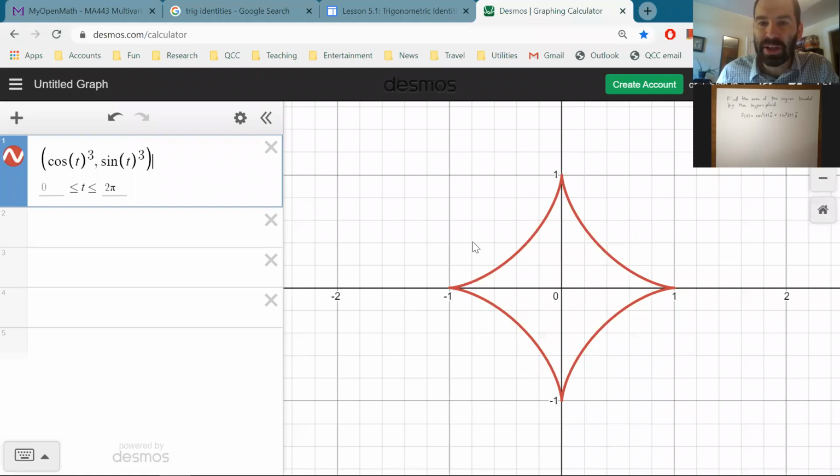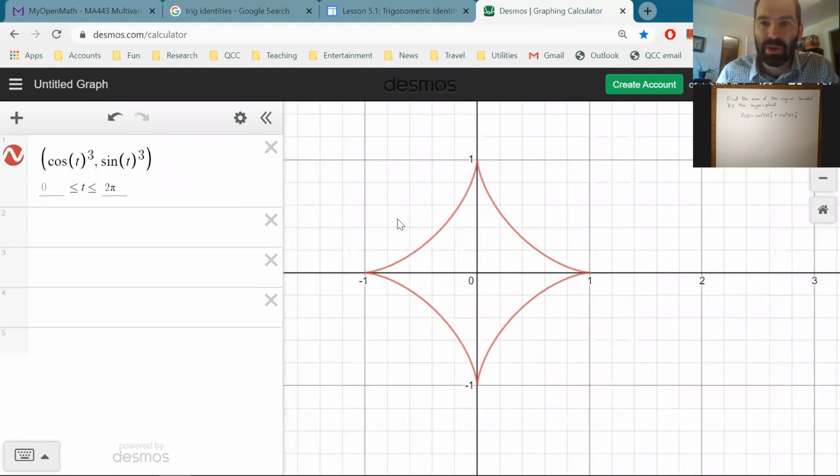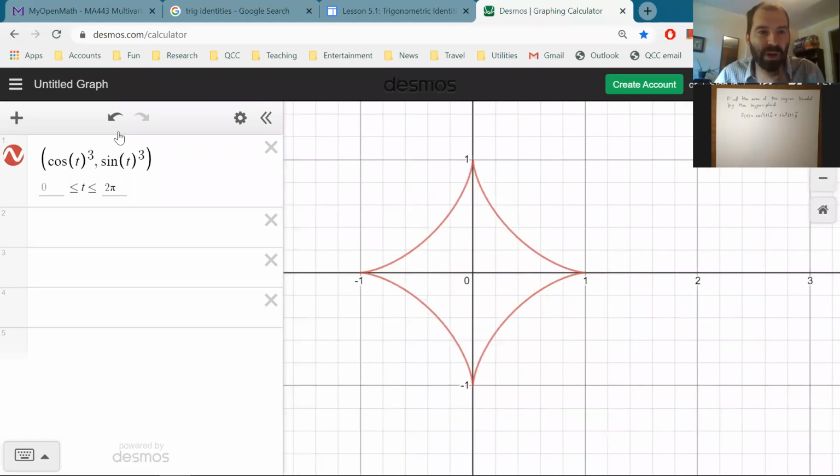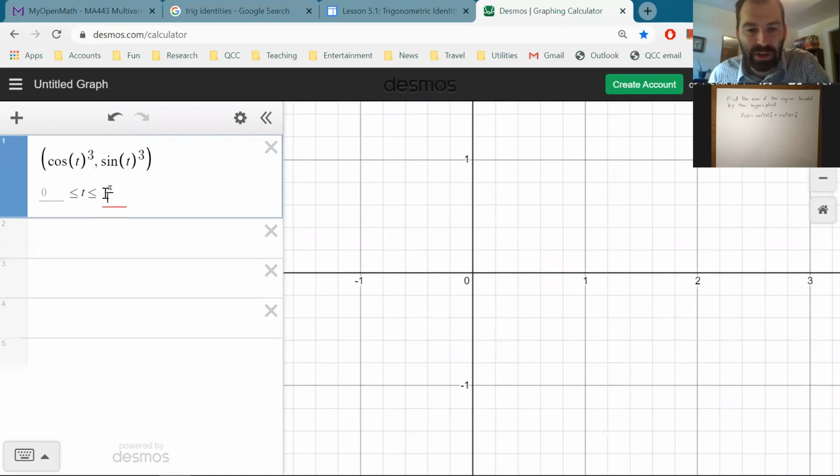Okay, I'll share my screen here. You should be seeing that. I plotted it over here in Desmos, and this is what it looks like. If I look at different values of t, you can see it starts out by coming up this direction, and then it comes up to here by the time t equals pi over 2.